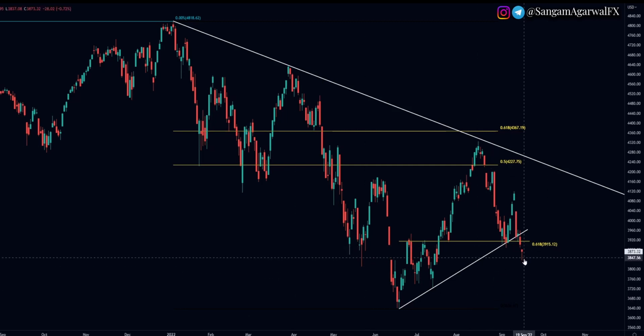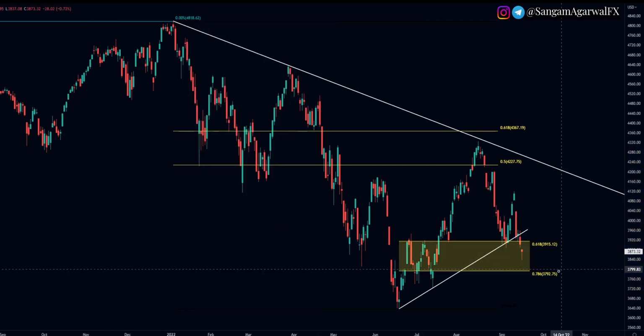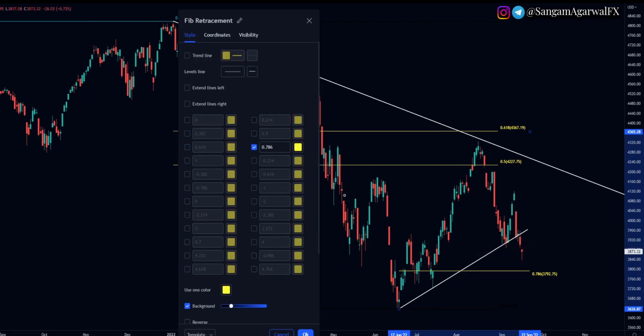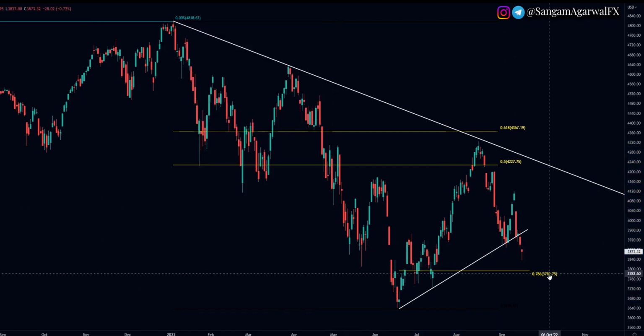Since price is below more than 61% retracement from the downside for this leg, retracement is not important anymore. So your last hope can be this 78% retracement level.